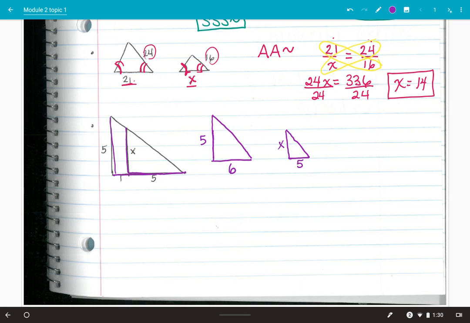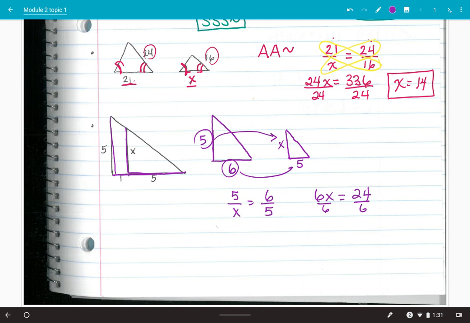We can always say height over height equals length over length, or small side over small side, long over long, whatever works for you. I'm going to do 5 over x, and then 6 over 5. And cross multiply. So we're going to get 6x equals 25.